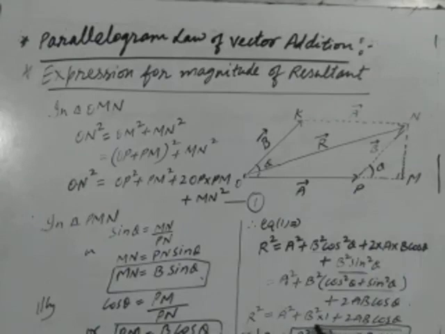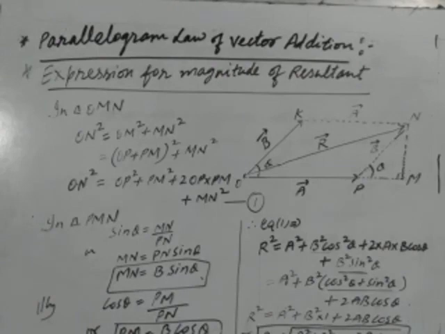So we have achieved the same result as we achieved earlier in the case of triangle's law, that is, the magnitude of the resultant r equal to under the root a square plus b square plus 2ab cos of theta.